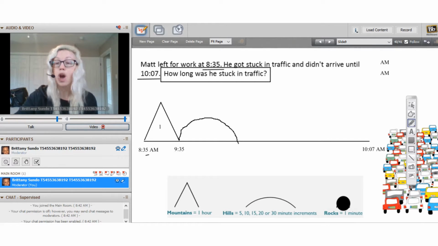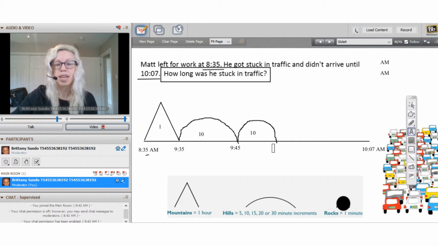Now, depending on what you would like to choose, you could make it worth 5, 10, 15, 20, or 30. It depends what you are comfortable skip counting by. Since I like skip counting by tens, I'm going to choose a hill worth 10. And that's going to take me to 9:45. I need to keep going because I have to get as close to 10:07 as possible. So I'm going to do another hill and skip count by 10 again.